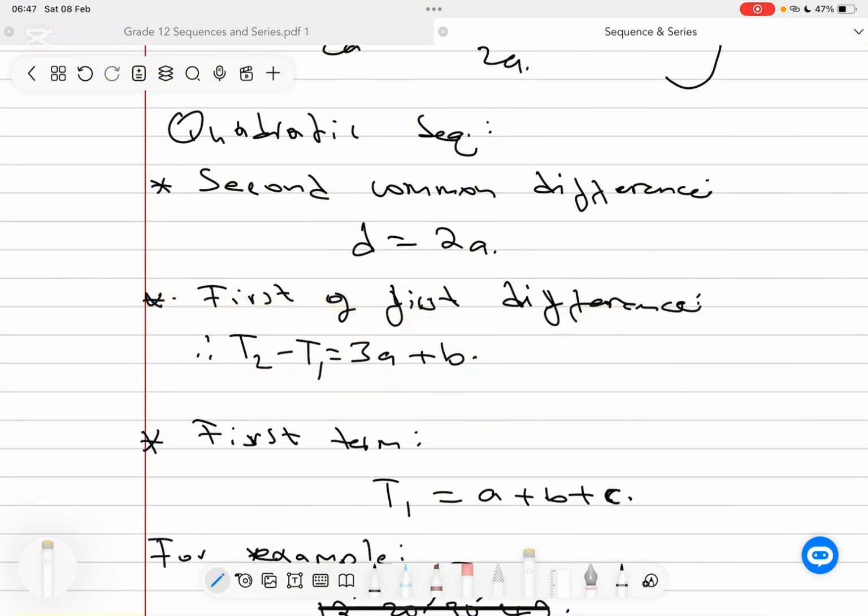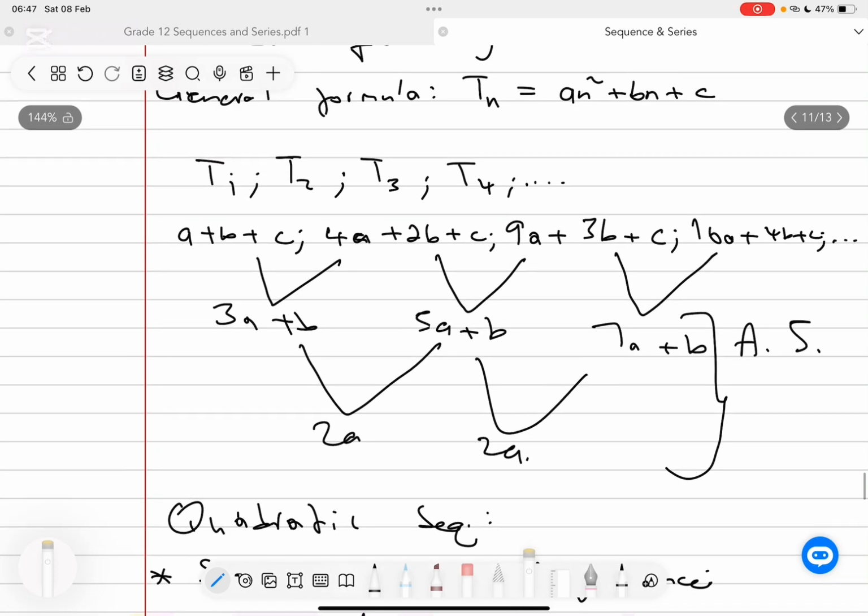We saw this when we subtracted these terms in general, we came up with the first of the first difference to be 3a plus b.